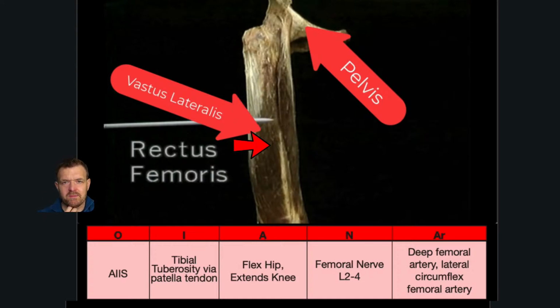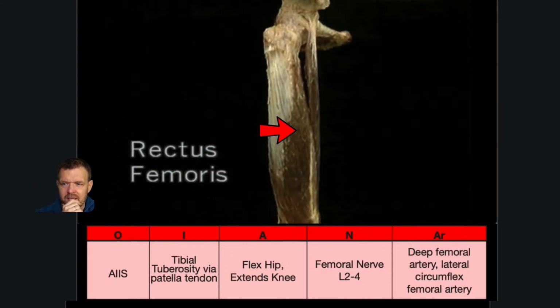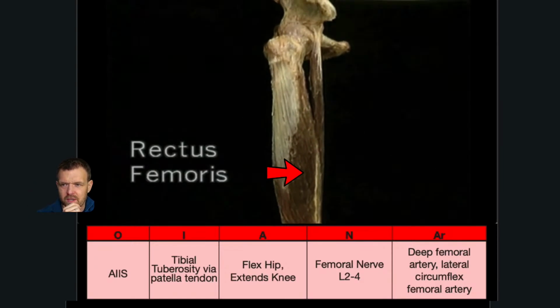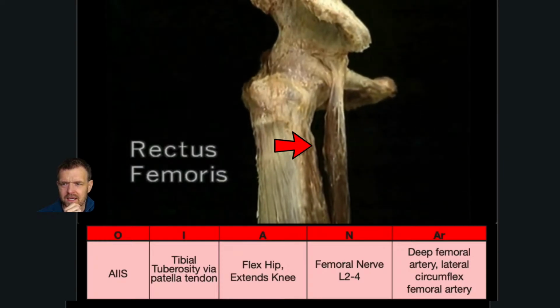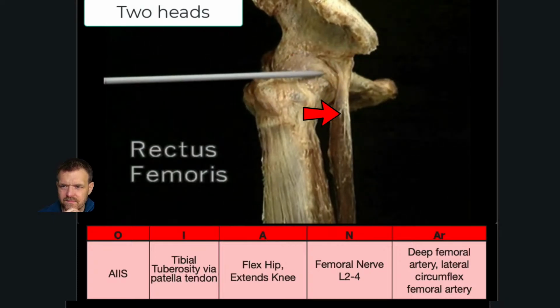It's usually elderly people that we get, so that's why the muscles look a little bit smaller than usual most of the time. So yeah, there's your rectus femoris, and then we see it as it comes up here. See, we've got a bit of a split.